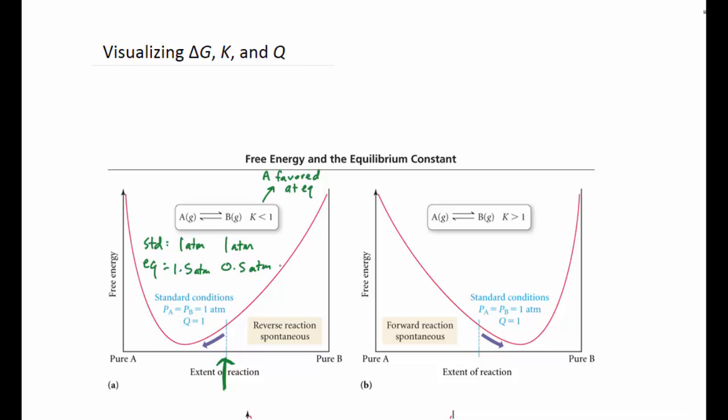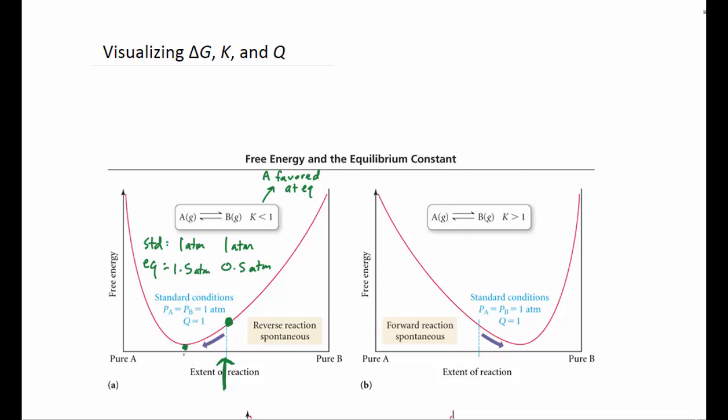So the way this graph works, if we start at standard conditions, that would be here, okay? Because on this x-axis, it is pure A versus pure B. So if we had 1 for both, we would be right there, okay? If we start with that, the reaction is going to produce more reactants, okay? Because we said K is less than 1. So we're going to go left on this kind of graph here until we run out of free energy.